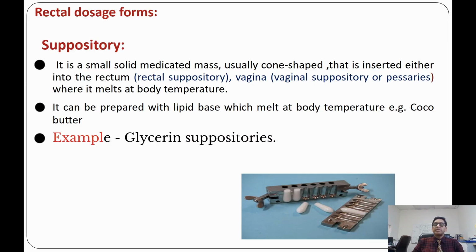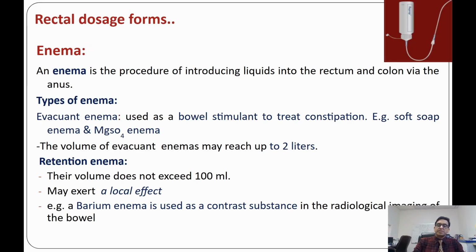If it is inserted into the vagina, then it's called a vaginal suppository or pessary, which melts at body temperature. It can be prepared with a lipid base which melts at body temperature. Example, cocoa butter is used in making suppositories. Another example is glycerin suppositories.